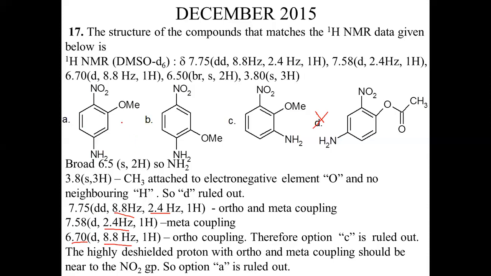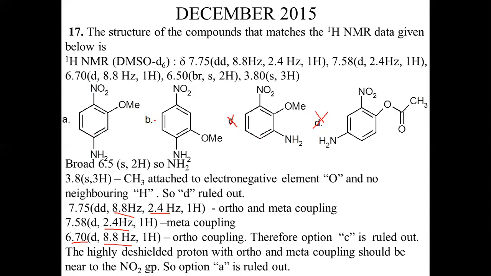Now, when you look at A, B, and C, you'll expect 1, 2, 3, and the ortho coupling will be there, doublet of doublet. But here this is not highly deshielded, and here only ortho coupling is there, no meta coupling, so I can rule this out.